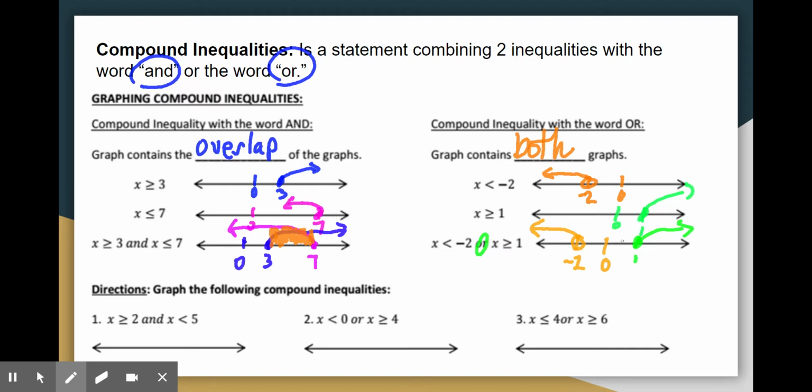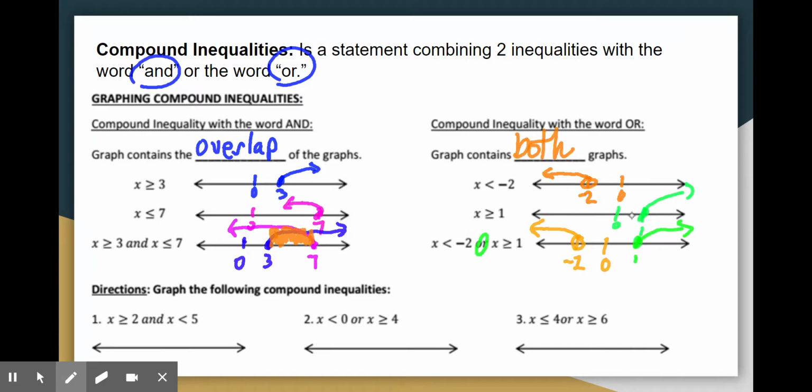I would never say to you, you could go to the left or you could go to the left, right? That doesn't make sense. We don't say it that way. You can go one way or you can go the other. So your graph even shows that. You're going to the left or you're going to the right. That's where your solutions are.